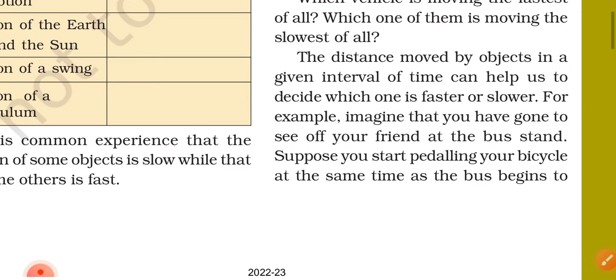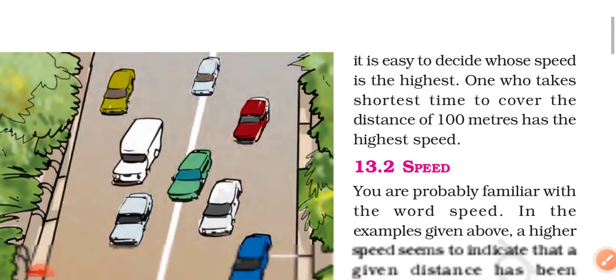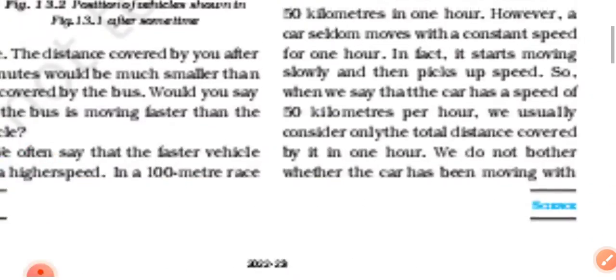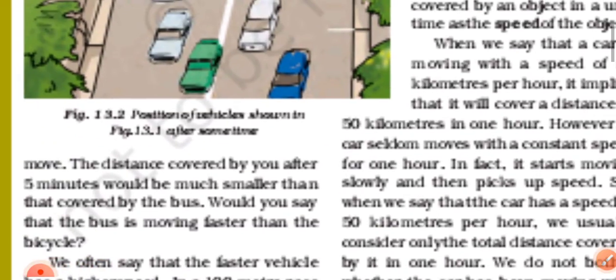The distance moved by the object in a given interval of time can help us to decide which one is faster or slower. For example, imagine that you have gone to see off your friend at the bus stand. Suppose you start pedalling your bicycle at the same time as the bus begins to move.